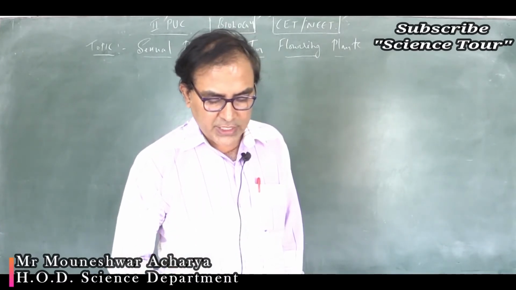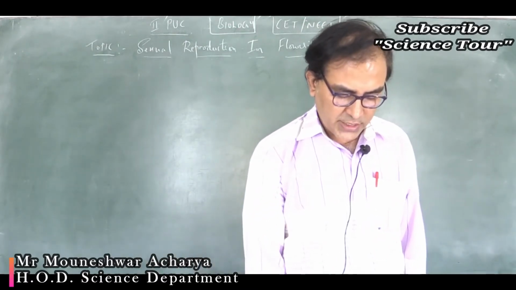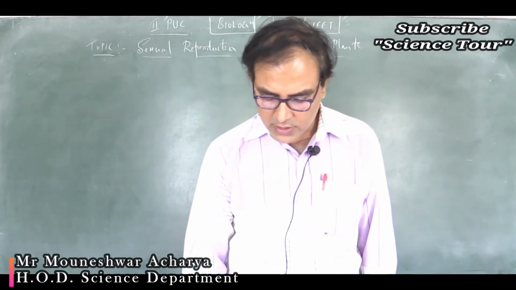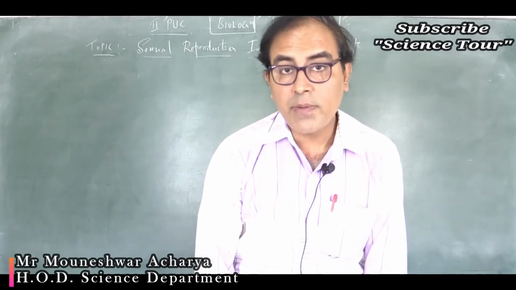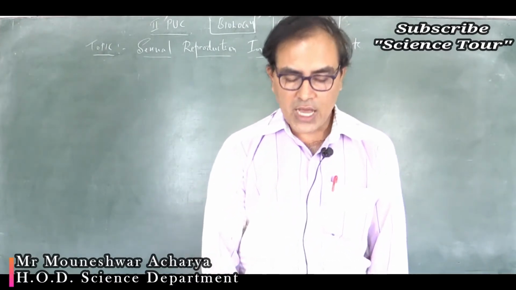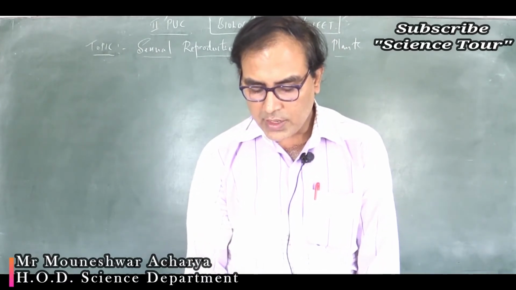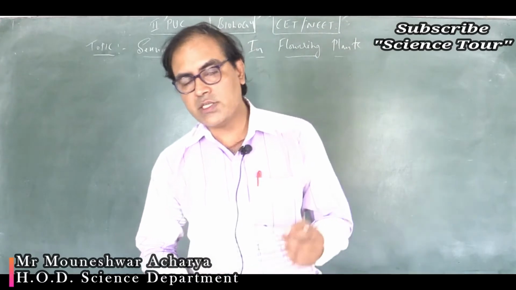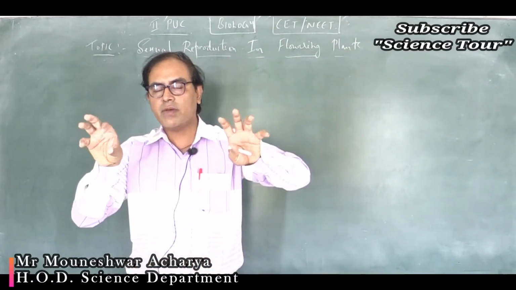Somatic hybridization. Somatic means what? Somatic means somatic cells, body cells. Hybridization means there is one somatic cell having a particular character, and another somatic cell having another particular character.